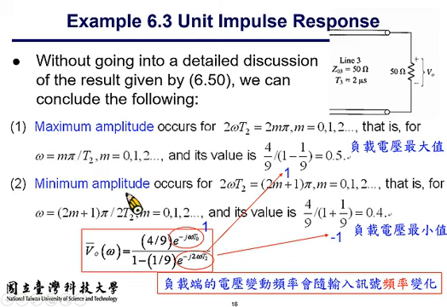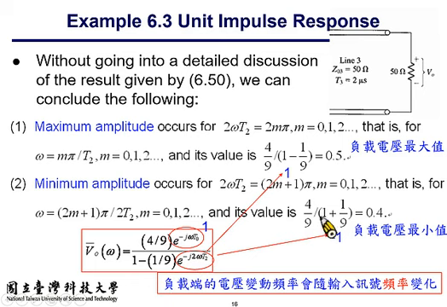On the other hand, when omega equals (2m plus 1) times pi over 2 times T2, that is, an odd integer of pi, such as pi, 3 pi, 5 pi, the value of this exponential becomes minus 1.